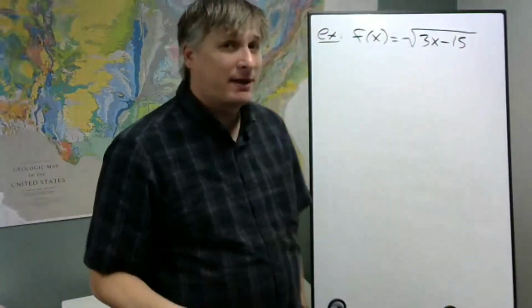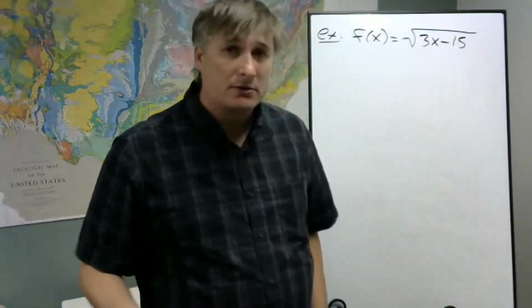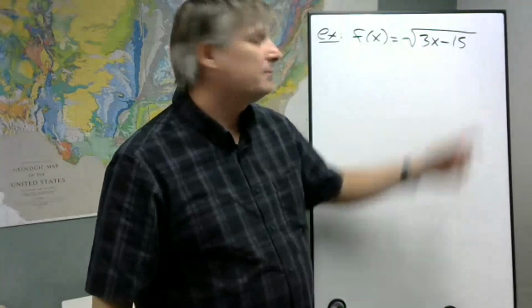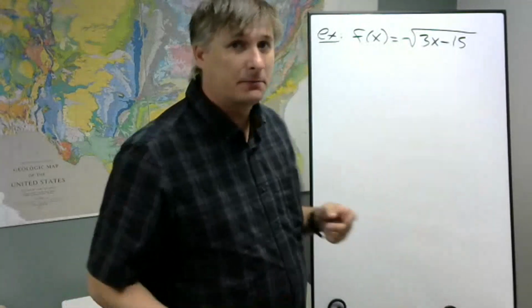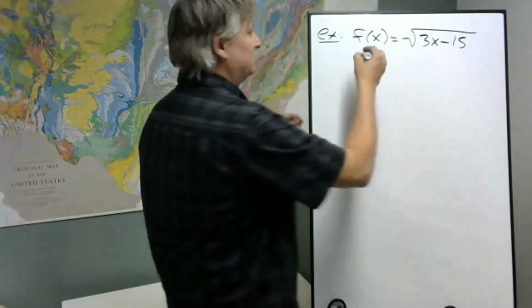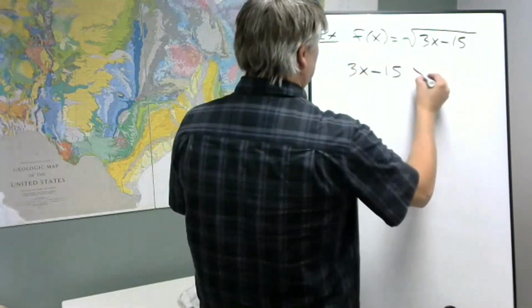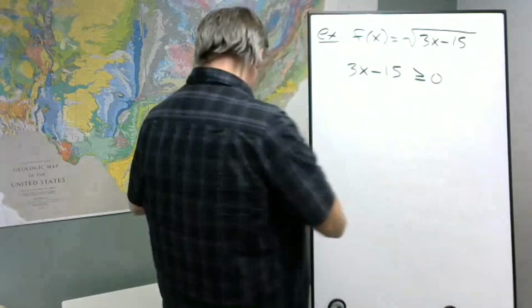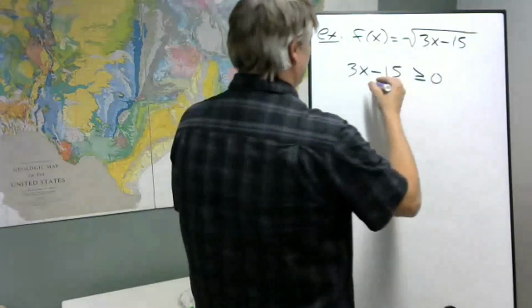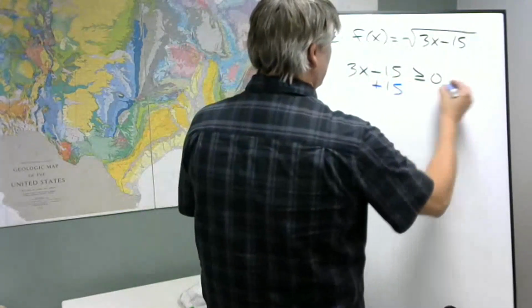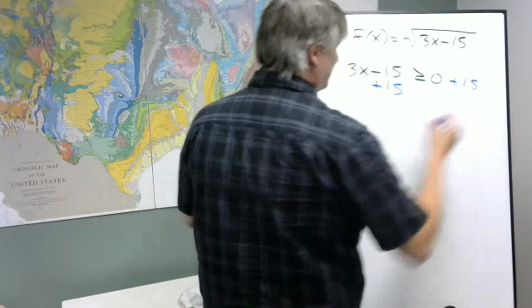So how do we figure out the domain on this? Well, what we want to do is take whatever's on the inside and make it greater than or equal to 0. We insist on it. And so we're going to solve for x.